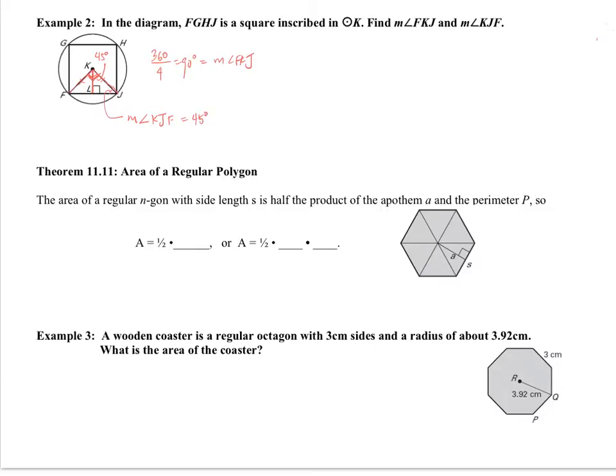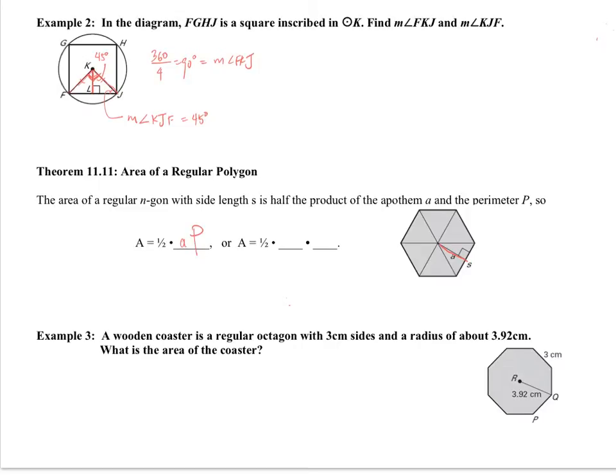Theorem 11.11. The area of a regular polygon. The area of a regular n-gon with side length s is half the product of the apothem a and the perimeter P. So we have another formula here. For any regular polygon with n sides, we can just take half and multiply by the length of the apothem and multiply by the perimeter.